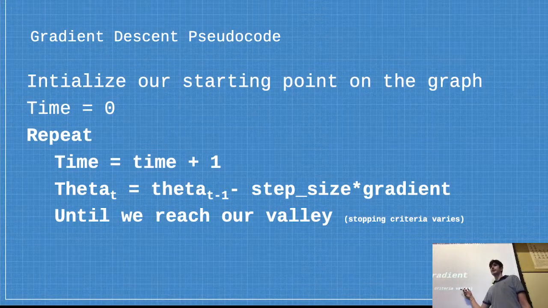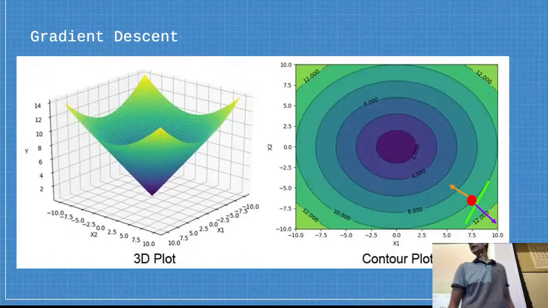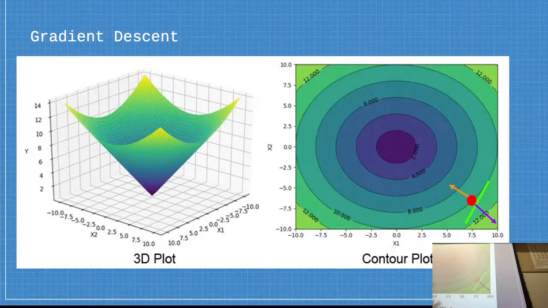Now the stopping criteria can be different, because if we look back at this graph, let's say you get to this point. This graph, the way it's formulated, is not a graph where you're going to get stuck anywhere. There are no small valleys, but there are graphs that will have small valleys where our parameters will be tricked and say, okay, this is the local minimum, so it must be the global minimum, and then it gets stuck and that's it. And then we don't reach our lowest cost.